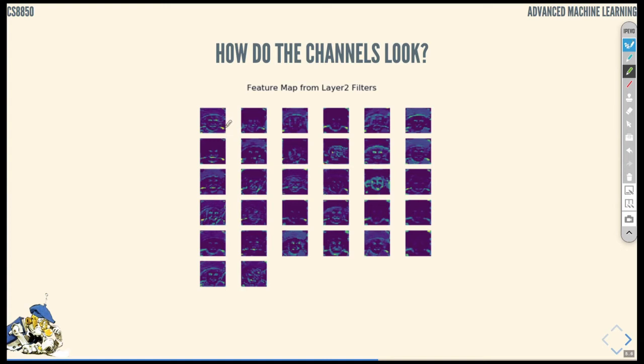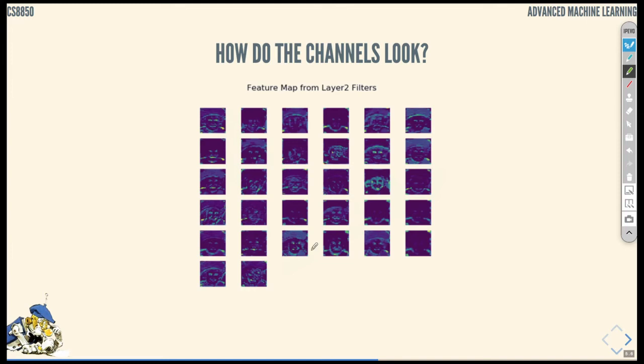So, you see some filters are paying more attention to the eyes, some paying more attention to the mouth, and some paying more attention maybe to the skin silhouette, well, not silhouette. Some of them are silhouette, but I don't see it.